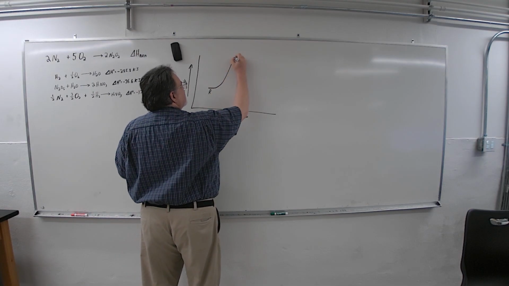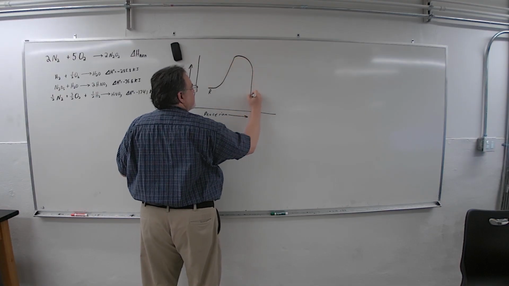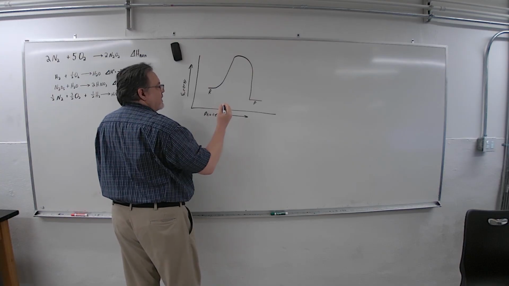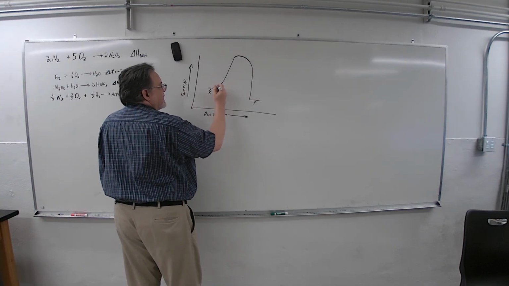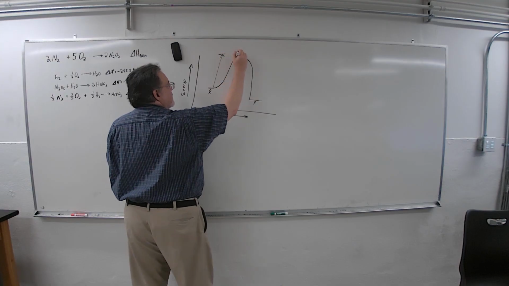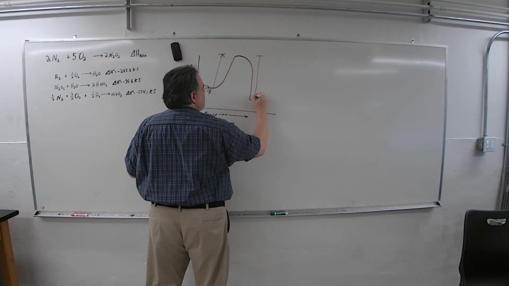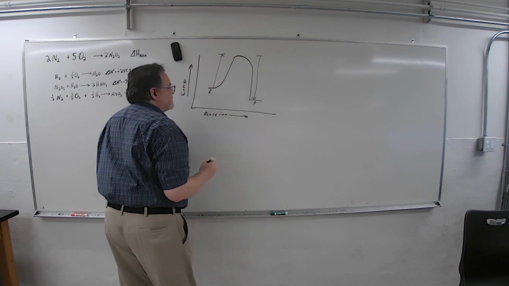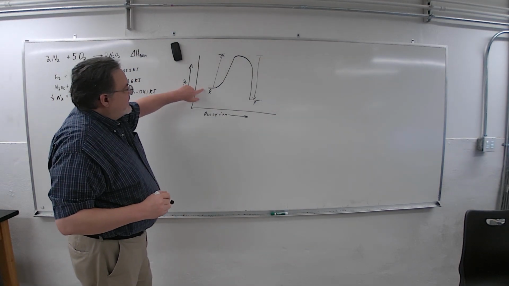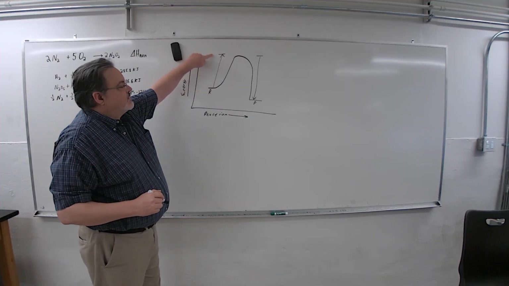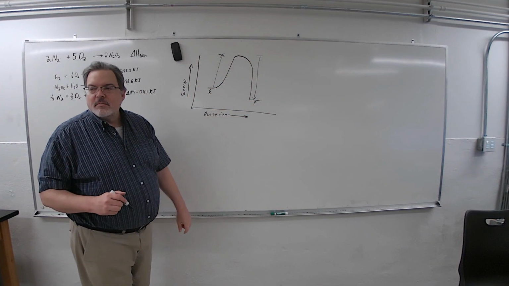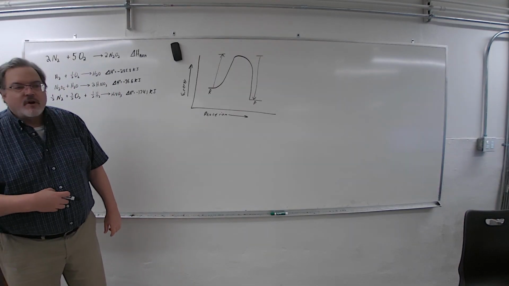Energy goes up to some point, and then it goes down to some point in the products. I like energy diagrams like this. Your book does it as, which is the way I drew it the other day. But the point is, this is the energy going into the reactants, and here's the energy coming out to form the products. Do you remember this from Friday?